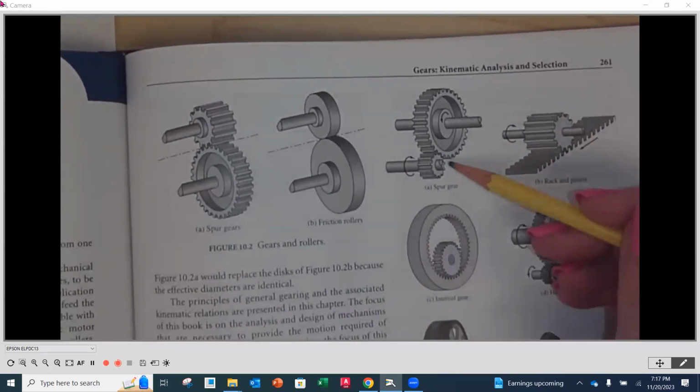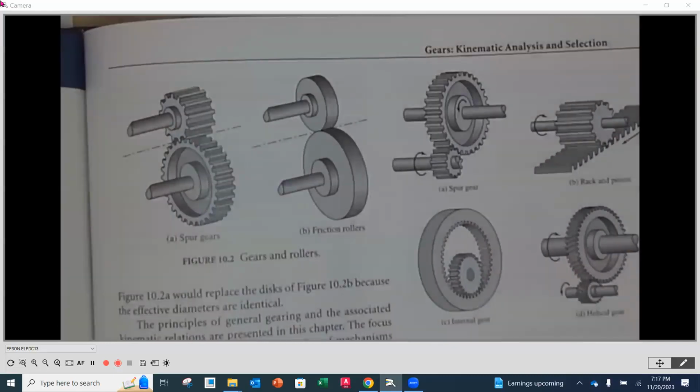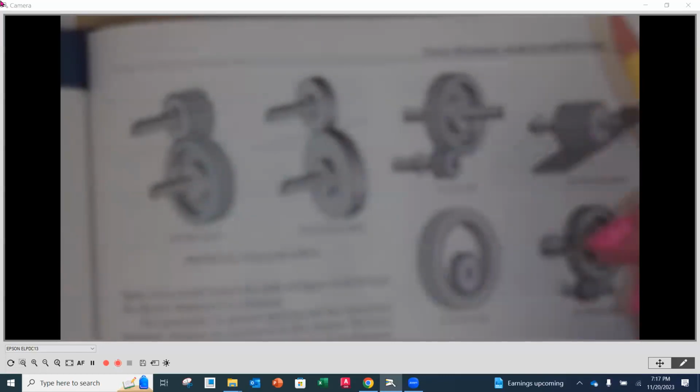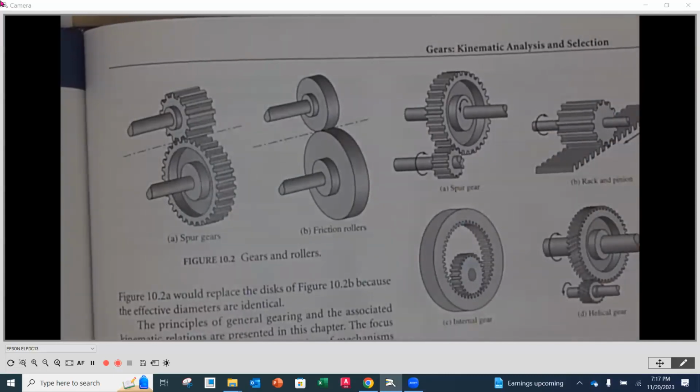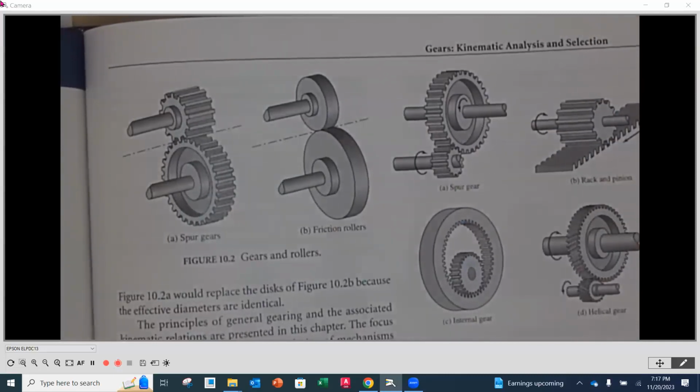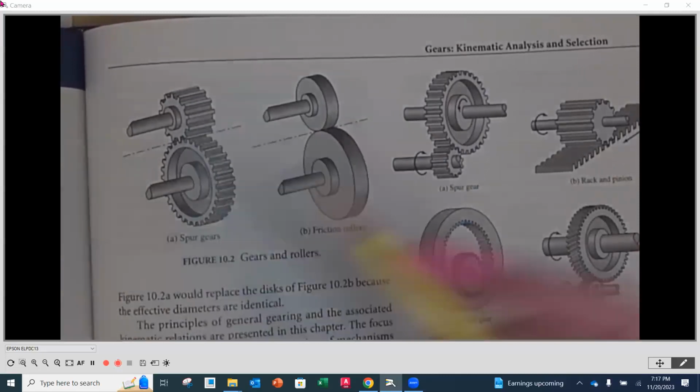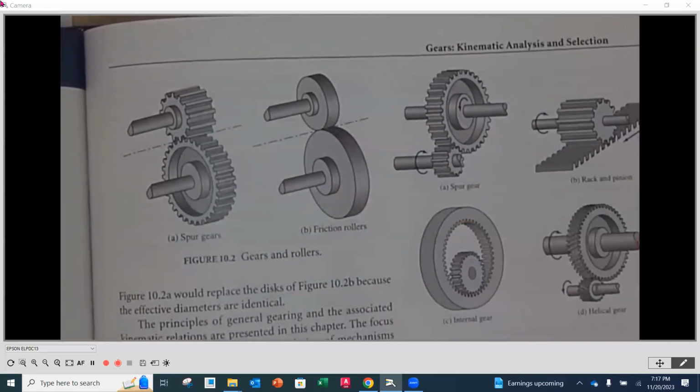They have what we call an involute tooth profile. And what happens is that they are going to engage with one another. Whenever we have two gears that are in mesh, they need to have the same tooth size and profile. Okay. So for each one of these gears, we can say that they have the same size tooth.